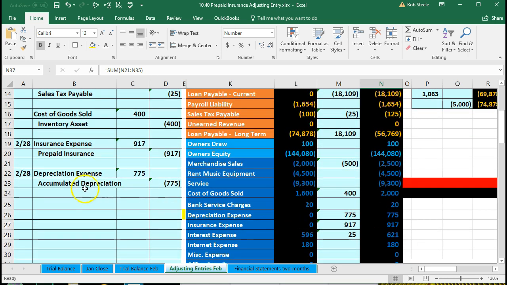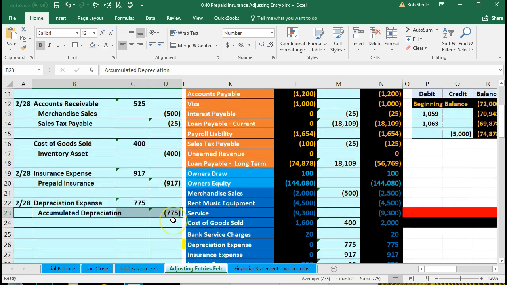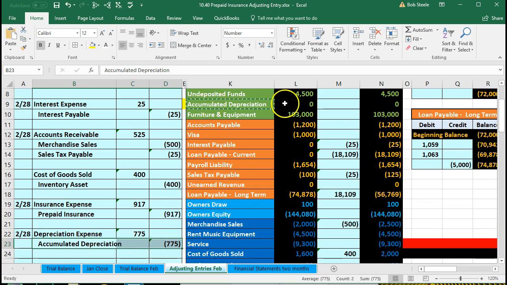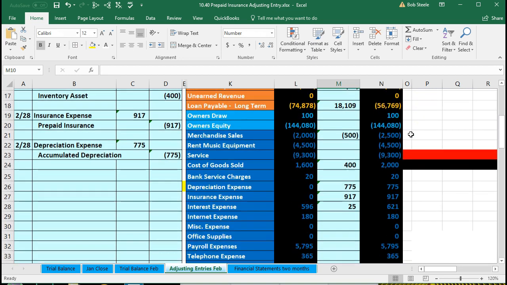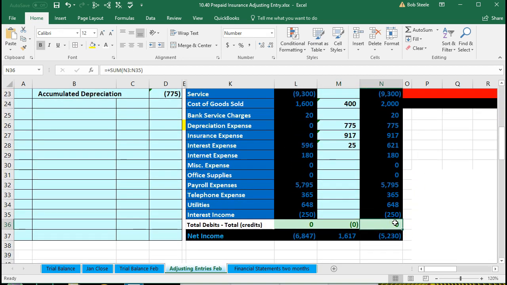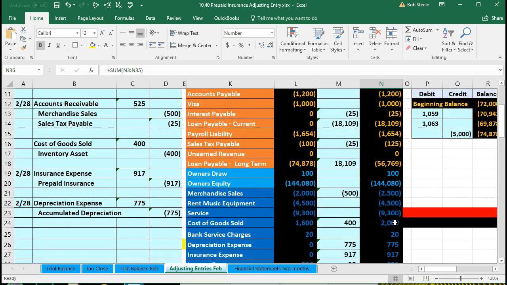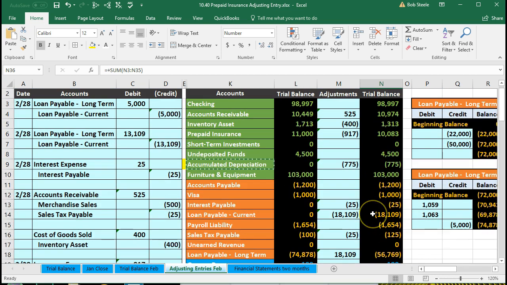Then we're going to record the second piece, accumulated depreciation. Accumulated depreciation is here. We are in cell M9, selecting equals and pointing to that 775, bringing the balance up from 0 to 775. And there we have it. That will put us back in balance down here as well. If we see what is going on, then we can say that we are telling our reader now, this is what we bought it for. This is how much we think it went down in value.